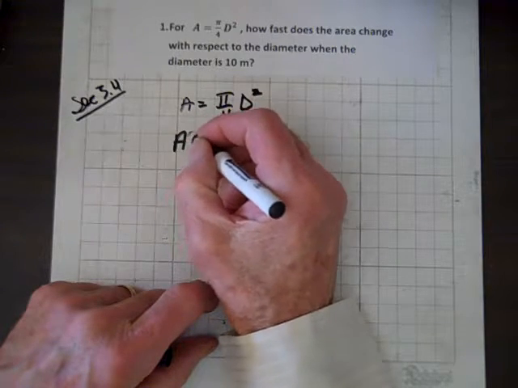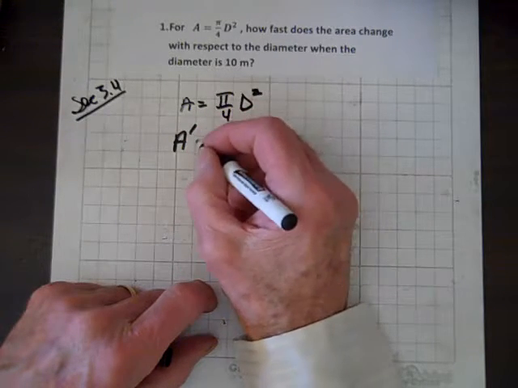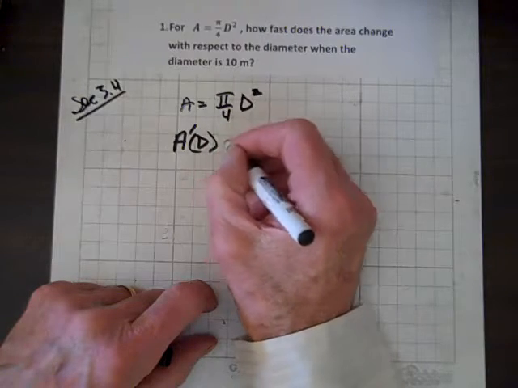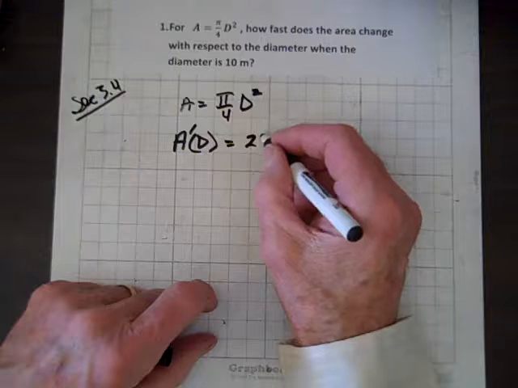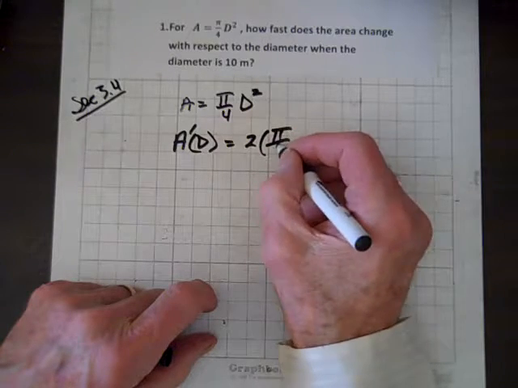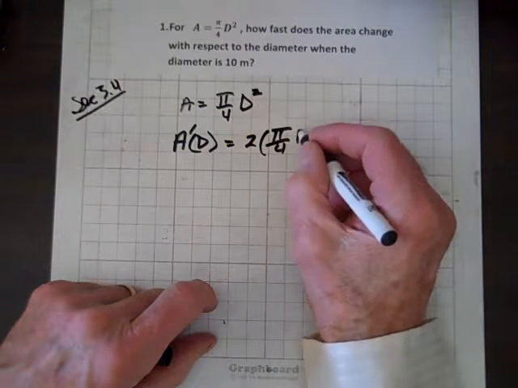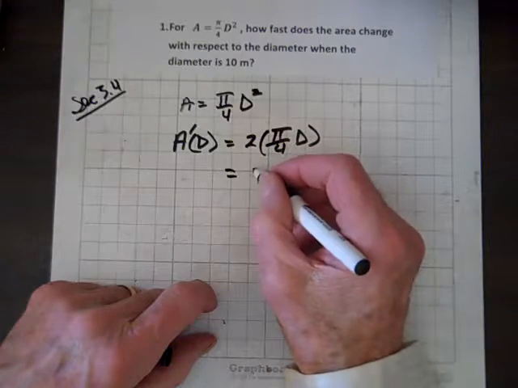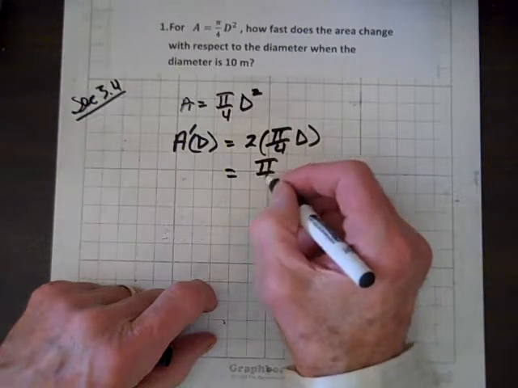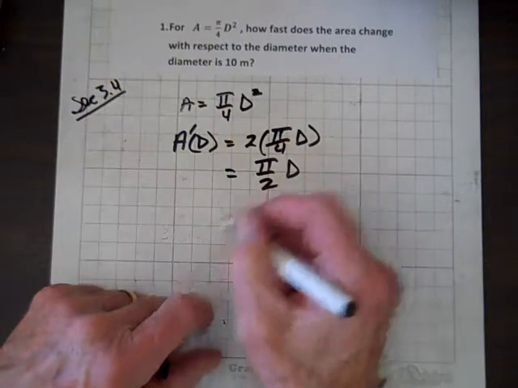So we want to find A prime of d, and when we do that, we'll bring the exponent down and we get 2 times pi over 4 d, and that reduces, 2 goes into 4 twice, to pi over 2 d.